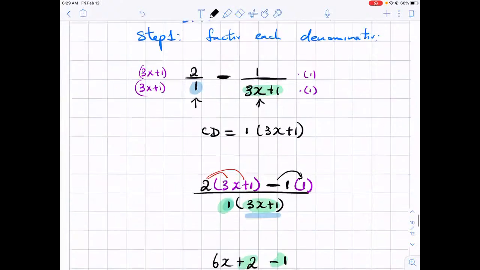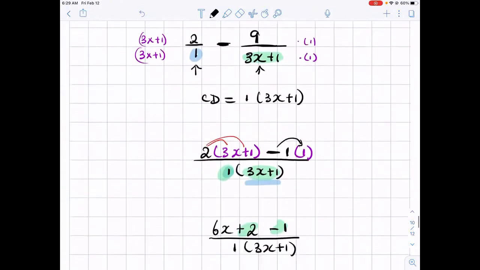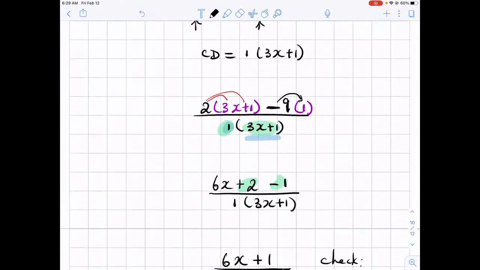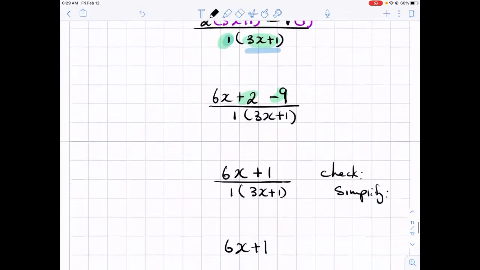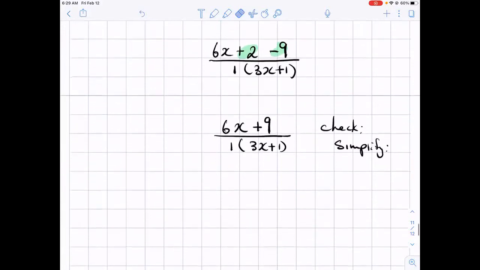Just notice that in the original problem, this is a 9. So we need to make that little change there. This will be a 9. This will be a 9. So we can actually factor something from the numerator. We can factor out a 3, and that will leave us with 2x plus 3.